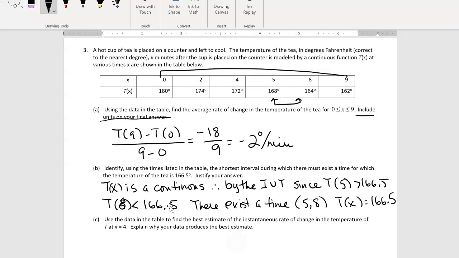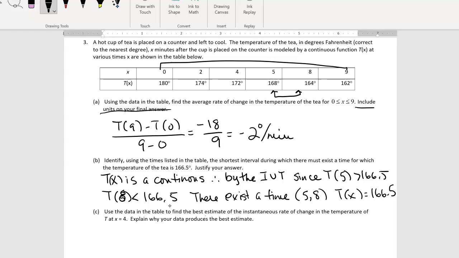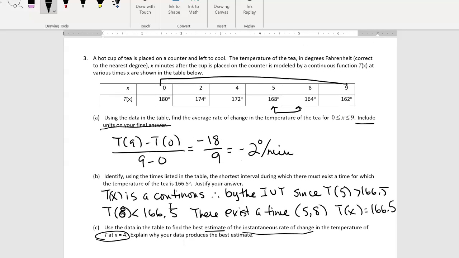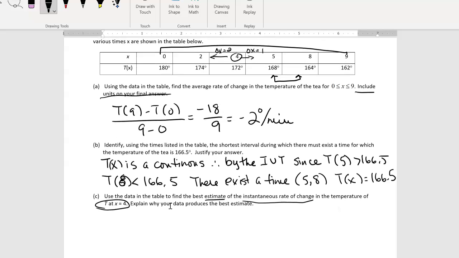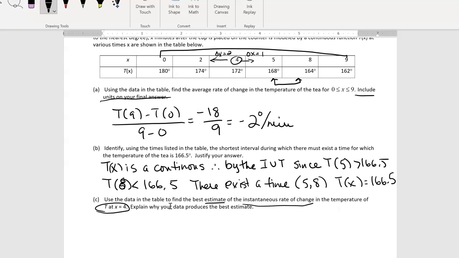Okay, now we are finding an estimate of the instantaneous rate of change, aka the derivative, in the change of temperature at t equals 4, time equals 4. So let's go up here to 4. And look to the left, and our change of time is 2. And let's look to the right, and our change of time is 1. And I want where the change of time is closest to 0.